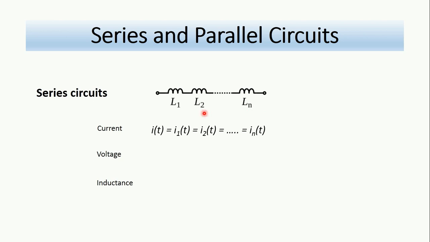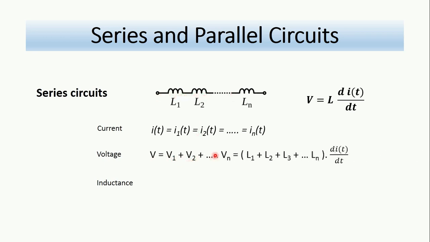We recall that the voltage drop across an inductor is given by this formula. It is equal to L, which is the inductance, multiplied by the time derivative of the current passing through the inductor. So we can say that the total voltage drop will be equal to the total inductance multiplied by the derivative of the current passing in the inductors, and that gives us this equation.